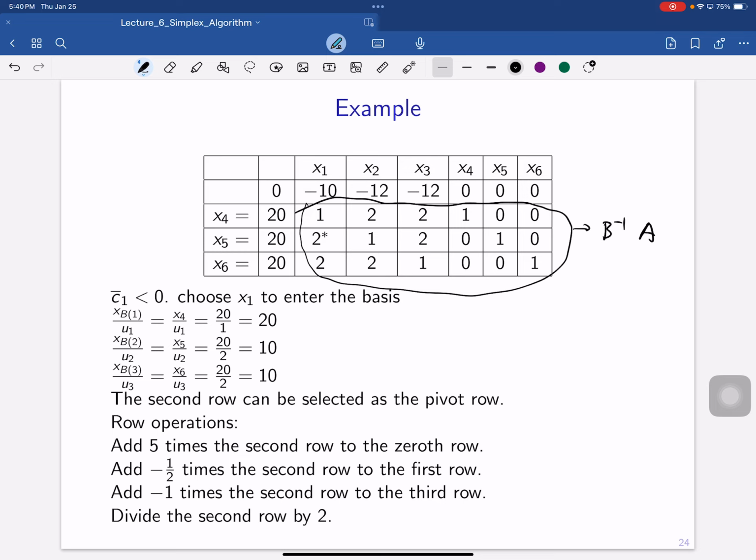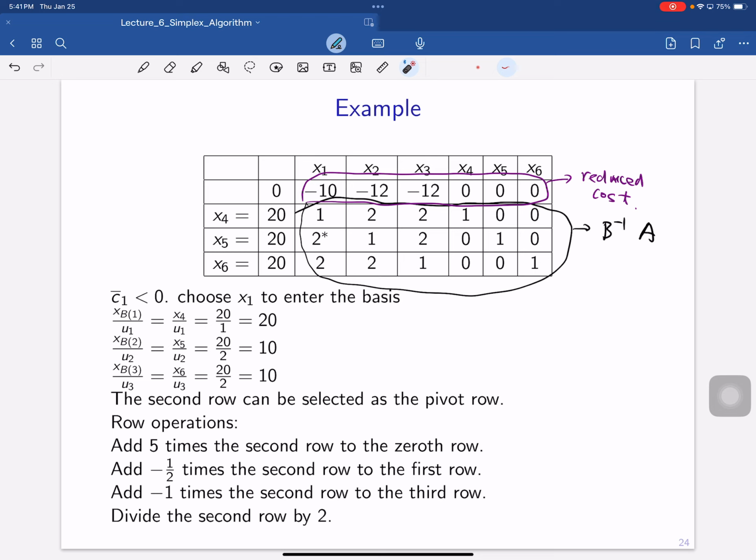And this part is the reduced cost. And now we find that one of the reduced costs is negative, right? And that means we can search along that direction.